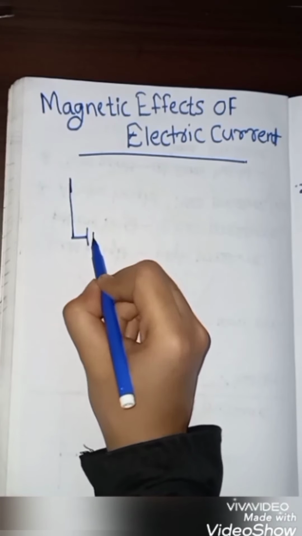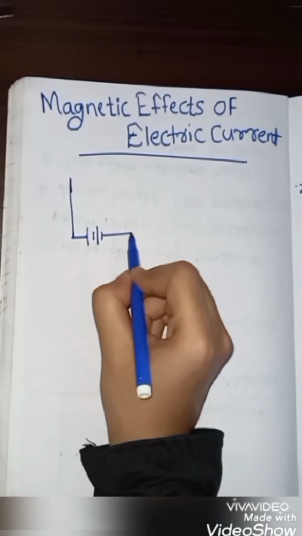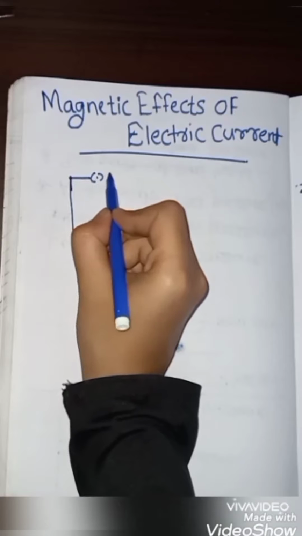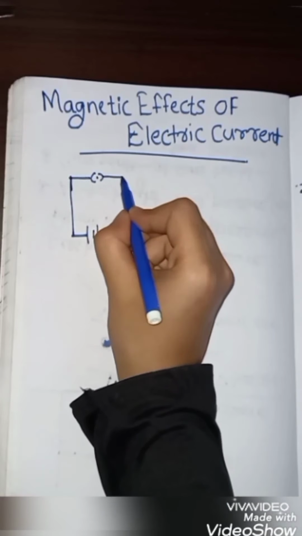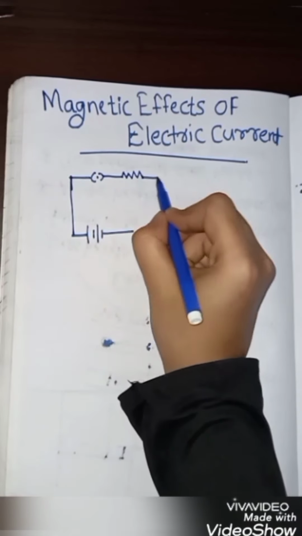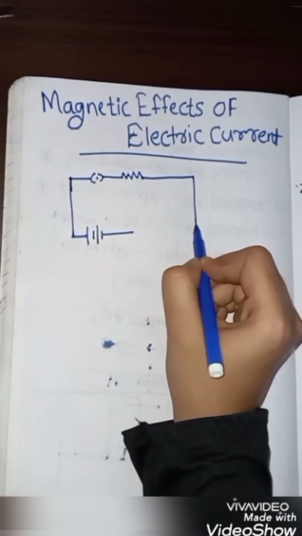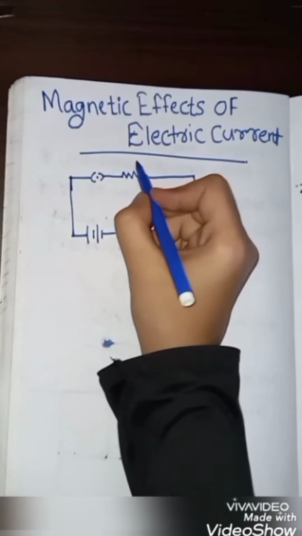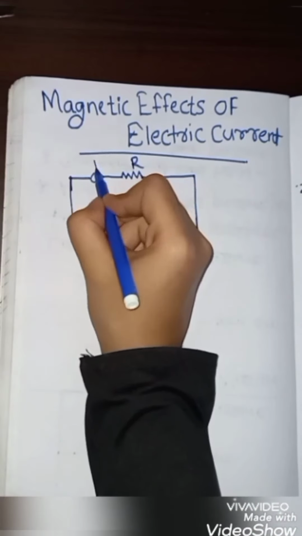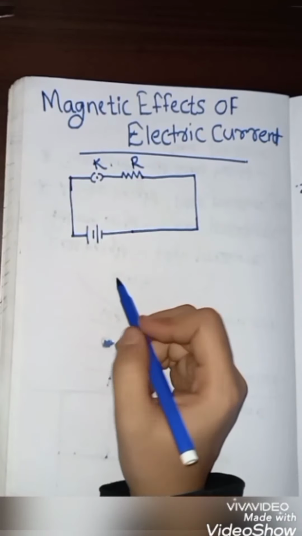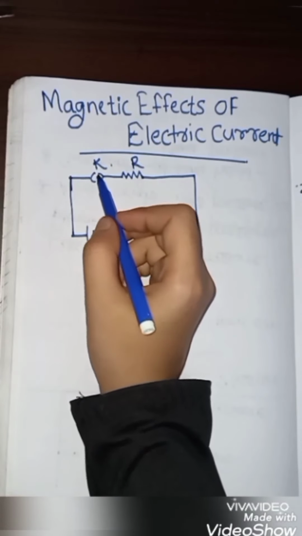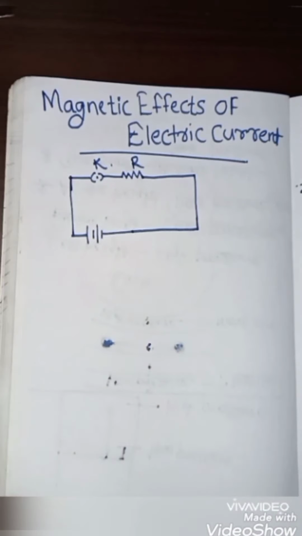The battery is here and a key is here, and I am connecting a resistor. The resistor is here and the key is here, and I switch on the key.